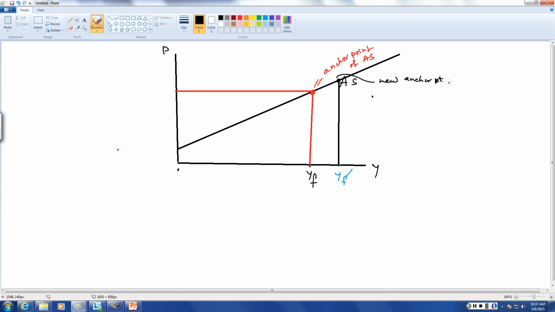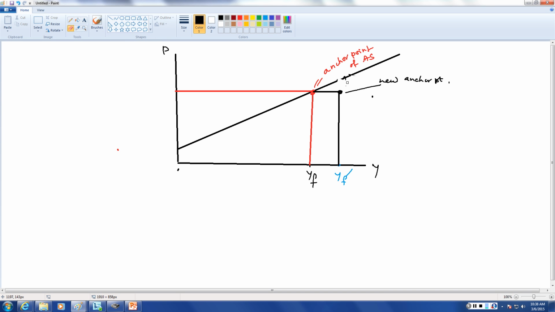Oh, hang on, no, I'm sorry. You might please erase that. That's not quite correct. Rather, the new anchor point shall be like this. This shall be the new anchor point. So with an increase in YF, we have a horizontal shift rightward of the anchor point of the AS curve.